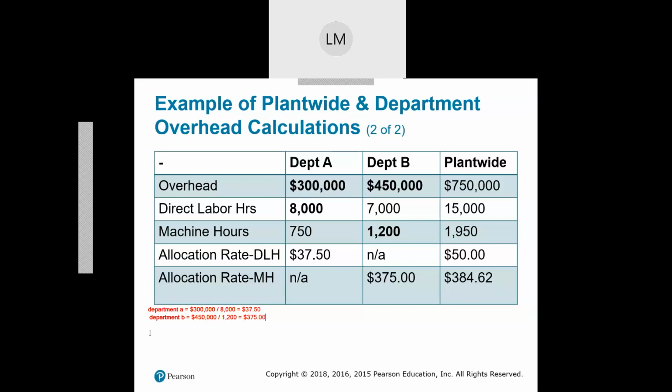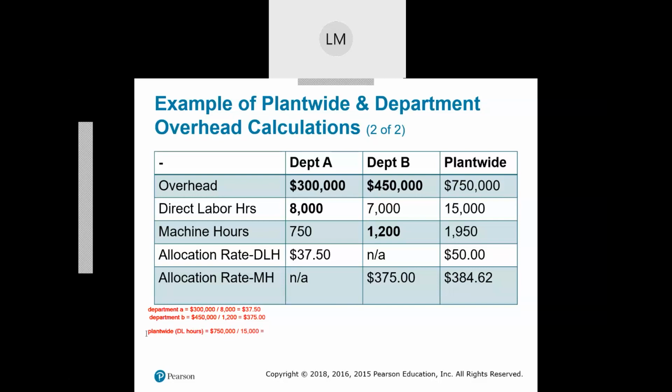Now I'm going to compare departmental rates to plant-wide rates based on either direct labor hours or machine hours. Okay, so let's see, plant-wide based on direct labor hours is going to be what? 750,000 spread out over 15,000 direct labor hours.